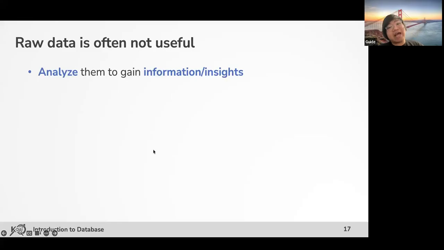But the thing that you need to accept is that most of the time raw data is often not useful. What do I mean by this? Let's say you have a list of salaries of people in Thailand. You have millions of records of salaries of people in Thailand.